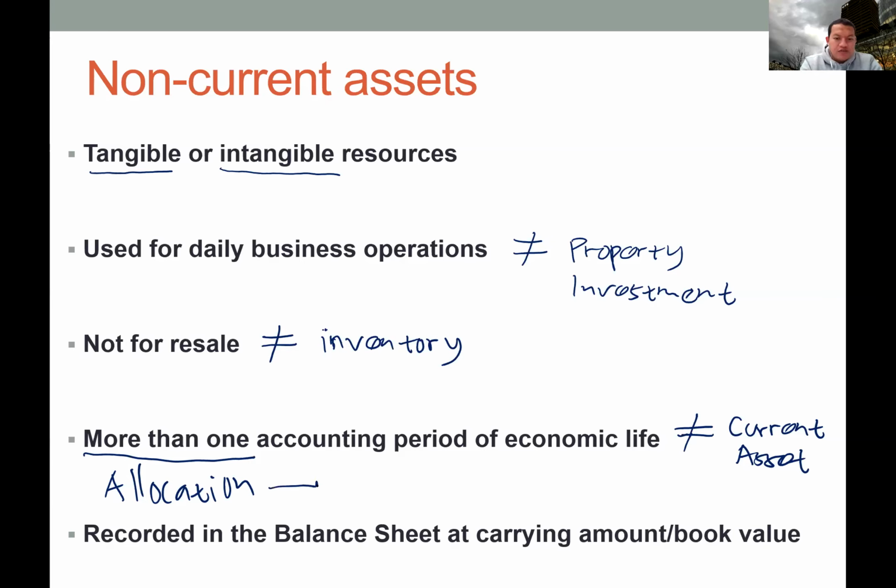The idea is that we have to allocate the cost or the value of this asset throughout its economic life systematically, so we can maintain the matching of costs against revenue principle. Mostly we use a method called depreciation. Depreciation is simply a method for systematically allocating the value or the cost of this non-current asset through the economic life of this asset.